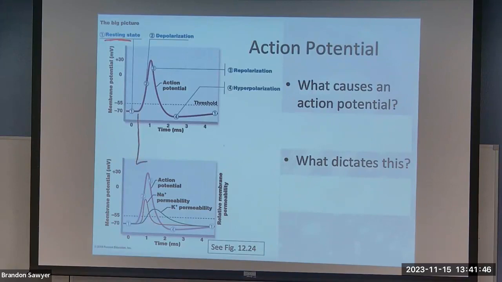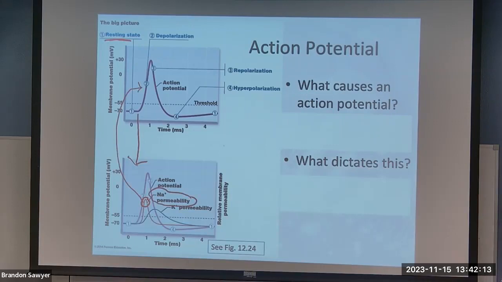But then if we look down at this graph, it's telling us about changes in ion permeability in the membrane that are time aligned with the graph above, right? So right around the time that number 2 is happening, we see this big increase in the permeability of the membrane to sodium, meaning that all of a sudden sodium can cross the membrane. So that's showing us what's causing number 2: sodium rushing across the membrane.